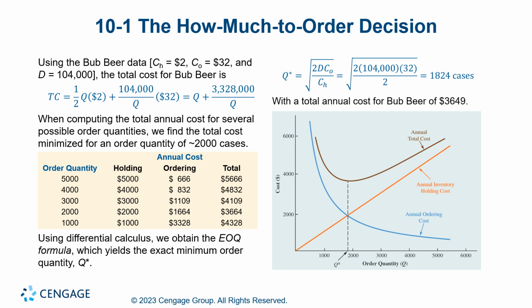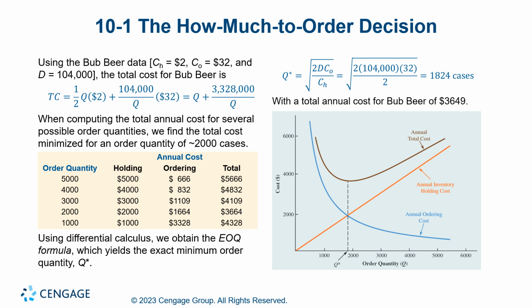As you can see from this graph, as the order quantity increases, the annual ordering cost will decrease. For example, if you place the order only once every year, you just need to pay for one ordering cost, but your annual inventory cost will be high. So as the order quantity increases, the annual inventory cost goes up, but the annual ordering cost goes down.